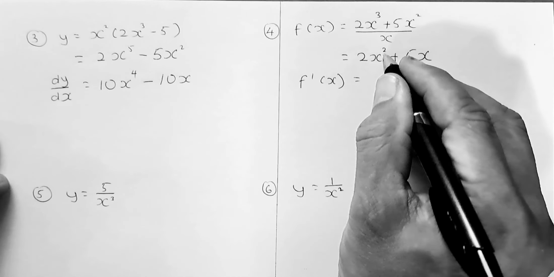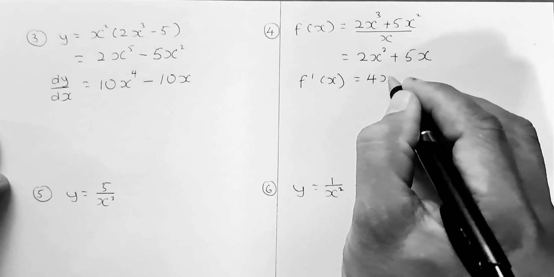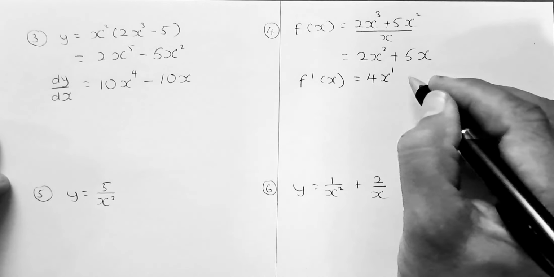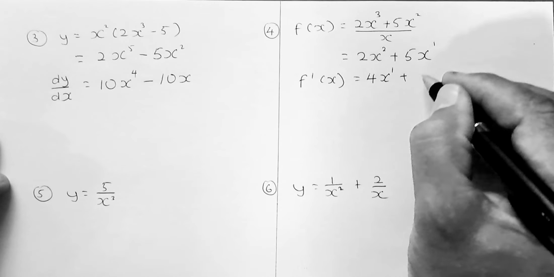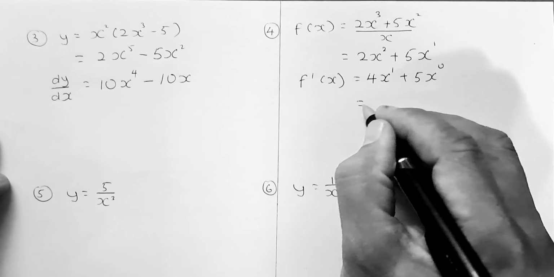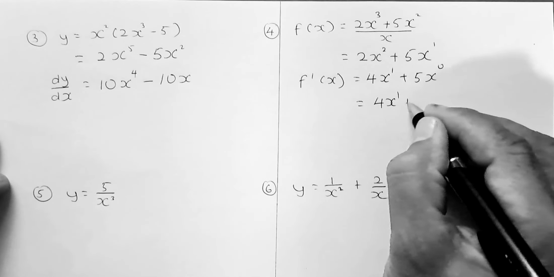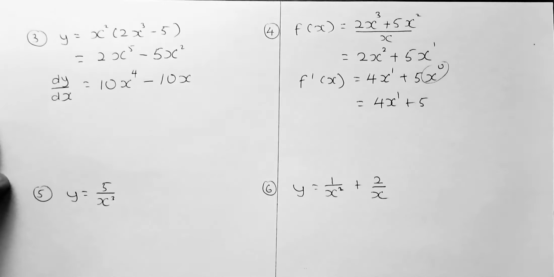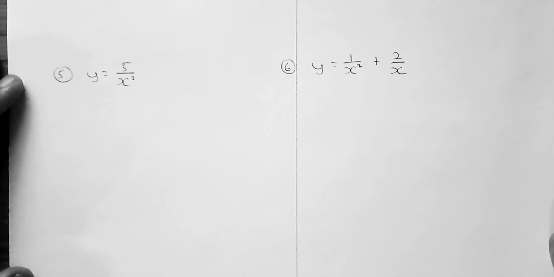So it's going to be 2 times 2 is going to be 4x^1, because 2 minus 1 is 1, and 5x, when differentiated, there's a 1 there, bring it down, 5x^0, and you simplify them, it's going to be 4x + 5, because x^0 equals 1. Okay, now we shall do the last two examples.